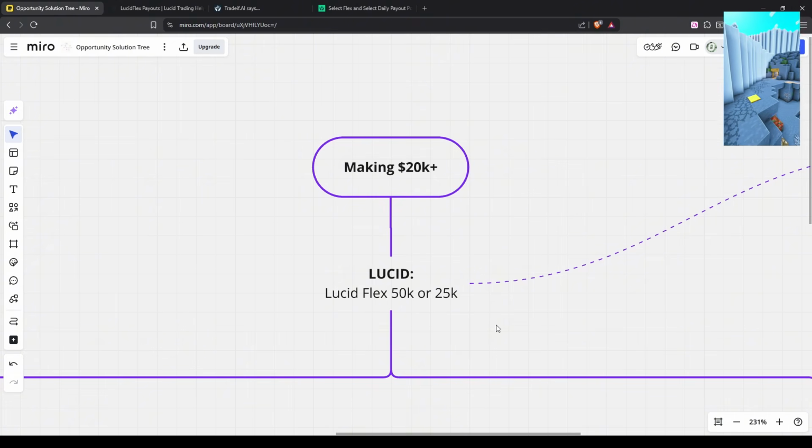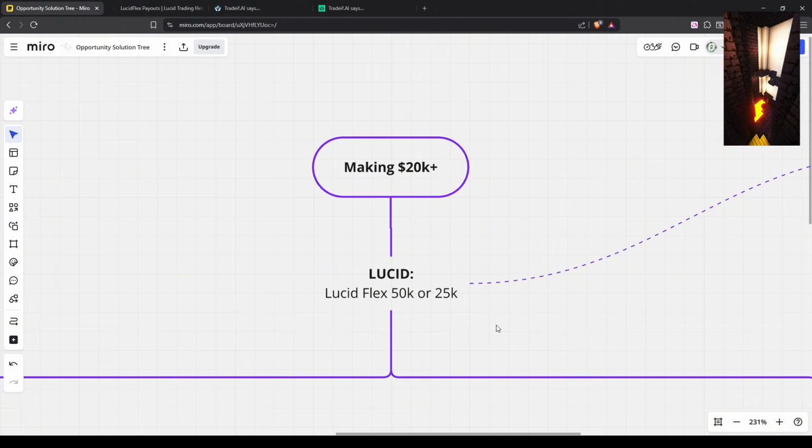It means that we have no requirement that we need to hit in terms of profit before taking a payout. We only need to have 5 non-consecutive winning days above $150, and the minimal payout request is $500.